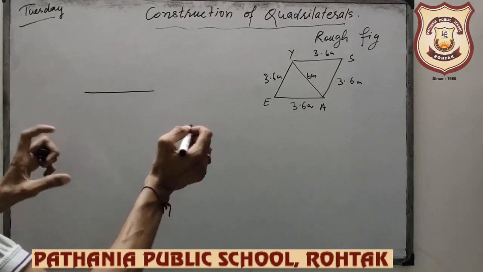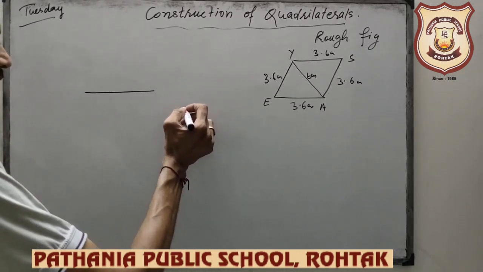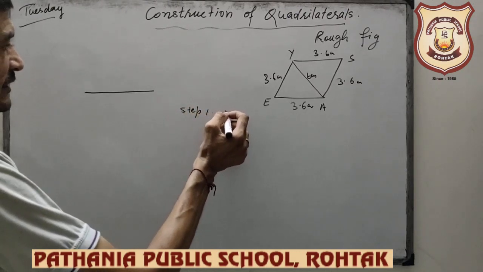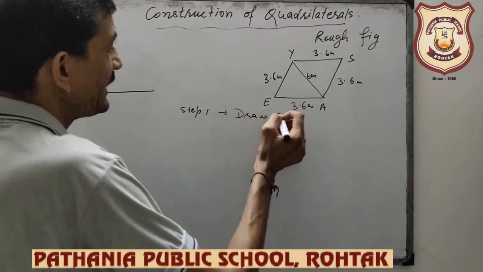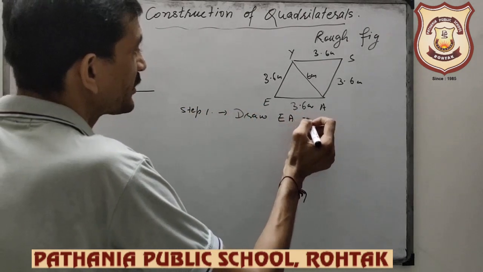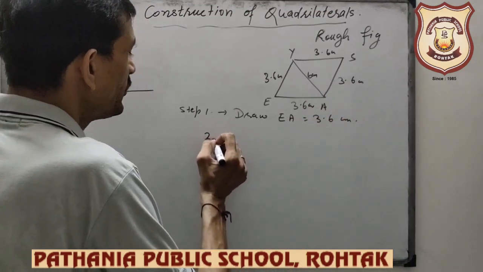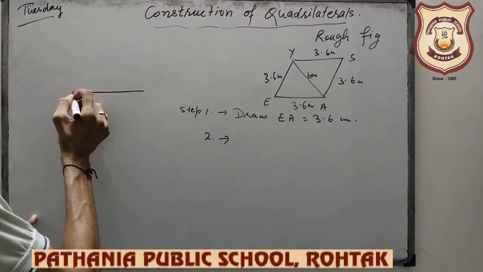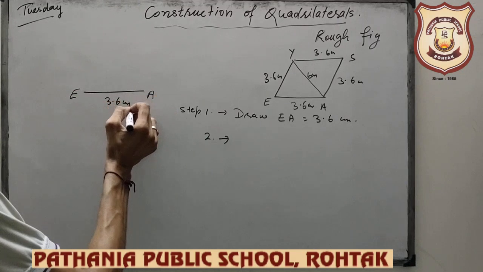If you are writing the steps of construction, then side by side you can write step 1: draw EA equal to 3.6 centimeter. Step 2: draw a line segment EA of length 3.6 centimeter.